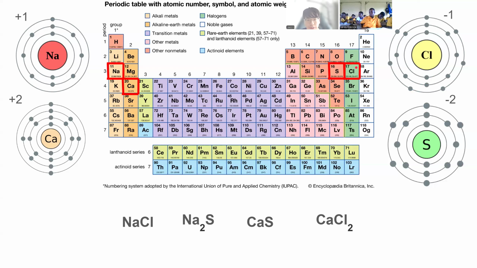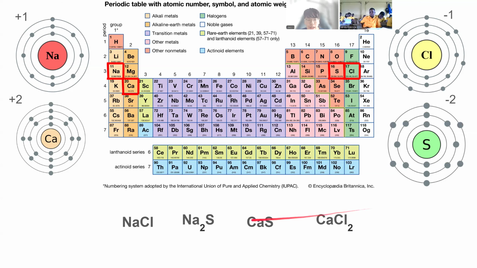It has 7 electrons, so it only needs one more to become 8. So it gains 1 electron. For sulfur, it gains 2 electrons. So this is the ionic charge of these 4 elements.